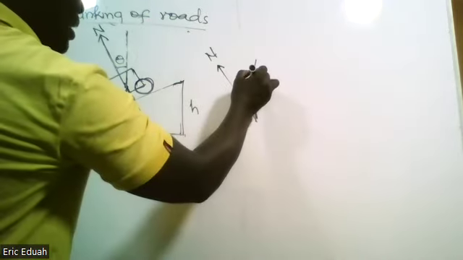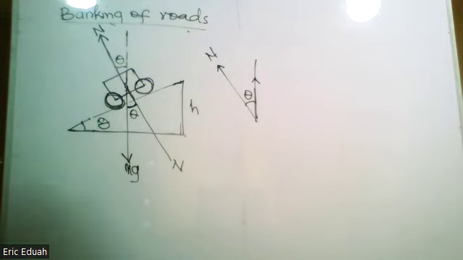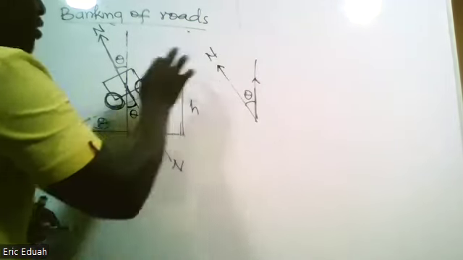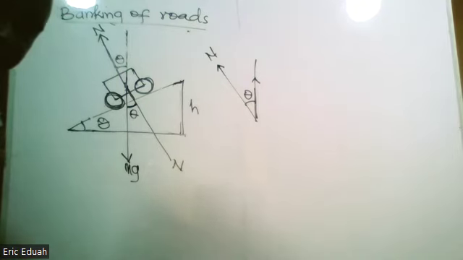What will be this component of the normal reaction? I want somebody to help me determine the horizontal component of the normal reaction. Anybody? Charlotte? Pardon? Amma?